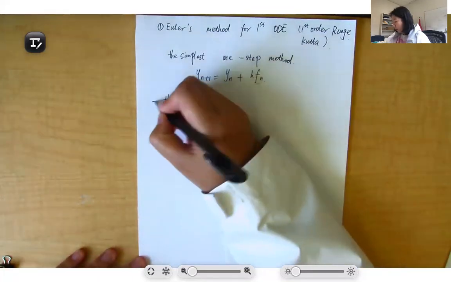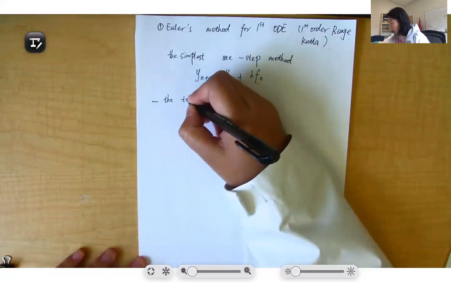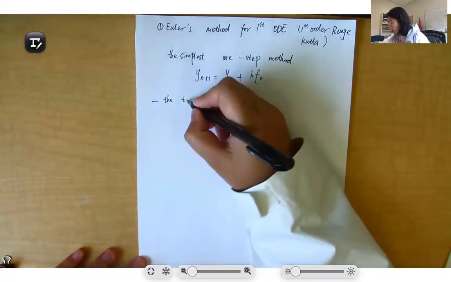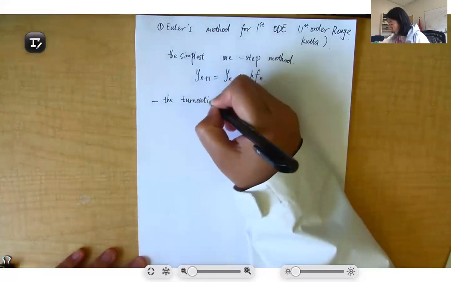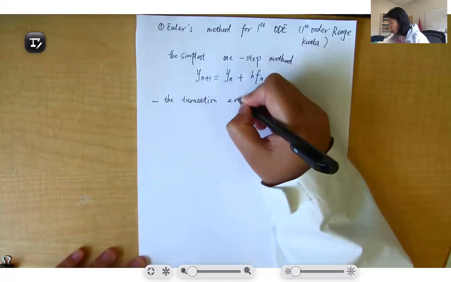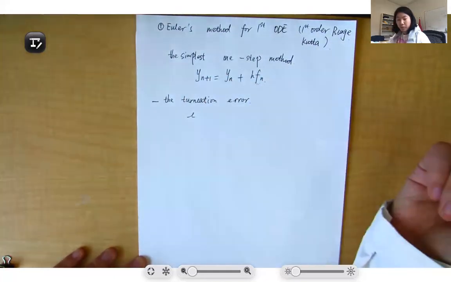One term is called truncation error, and we can use tau to represent it.